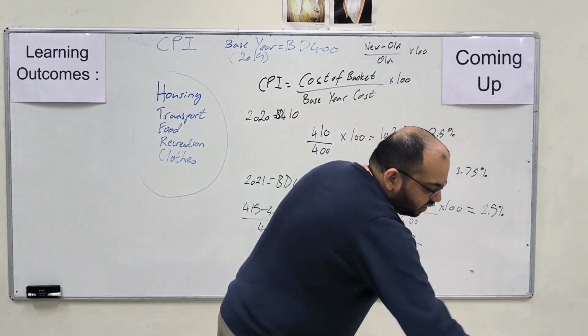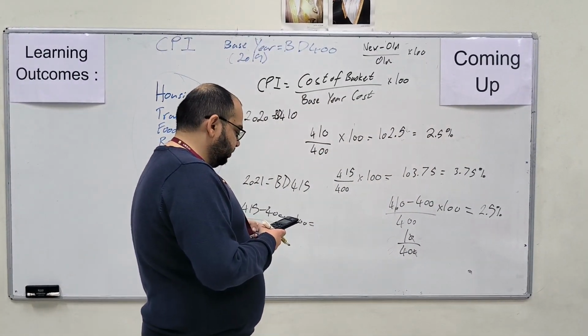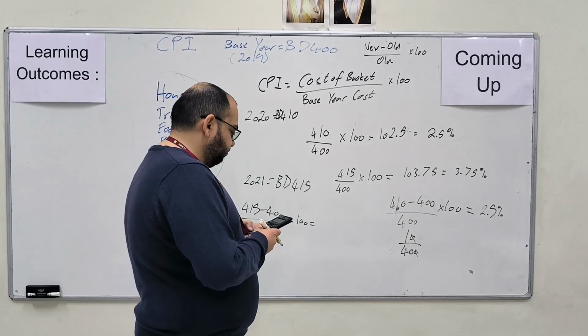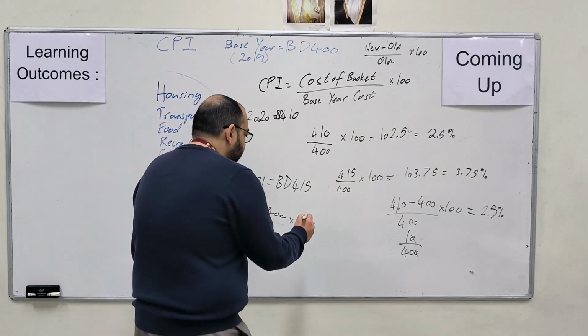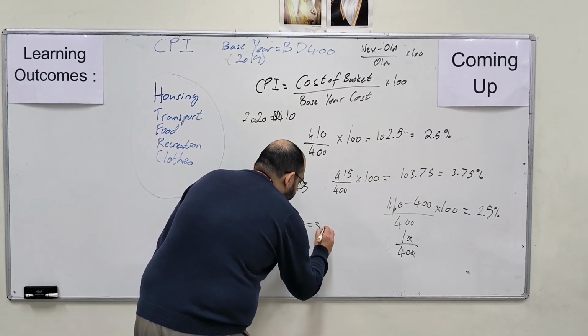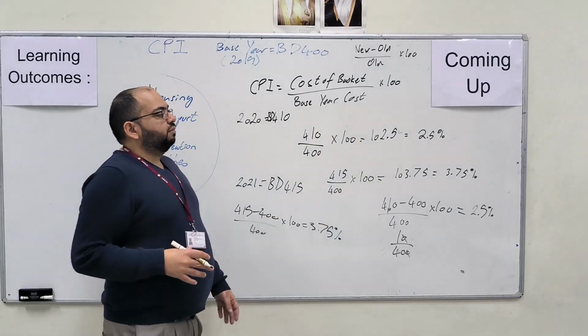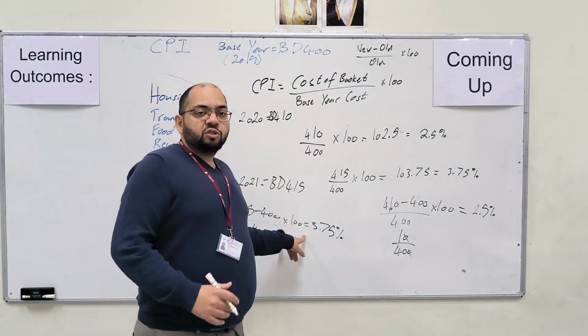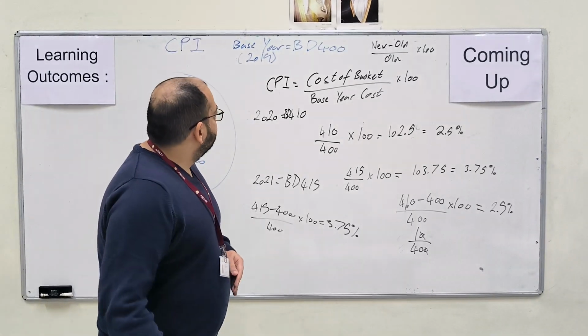And if you plug that into a calculator, you will see that it will give you a percentage of 3.75%. Either way you do it, it doesn't matter, okay? I prefer if you did it this way just to make sure that you didn't make any mistakes along the way, okay? So that's it.